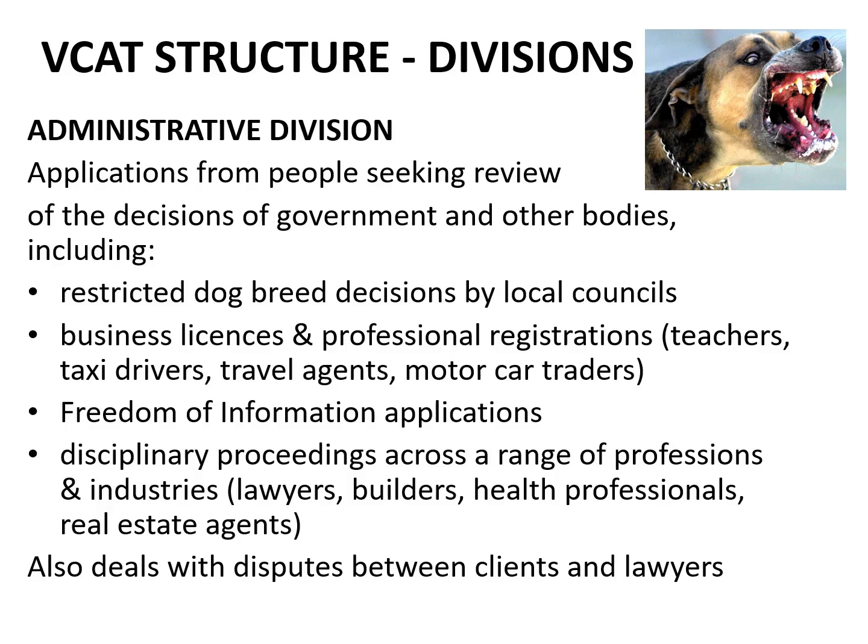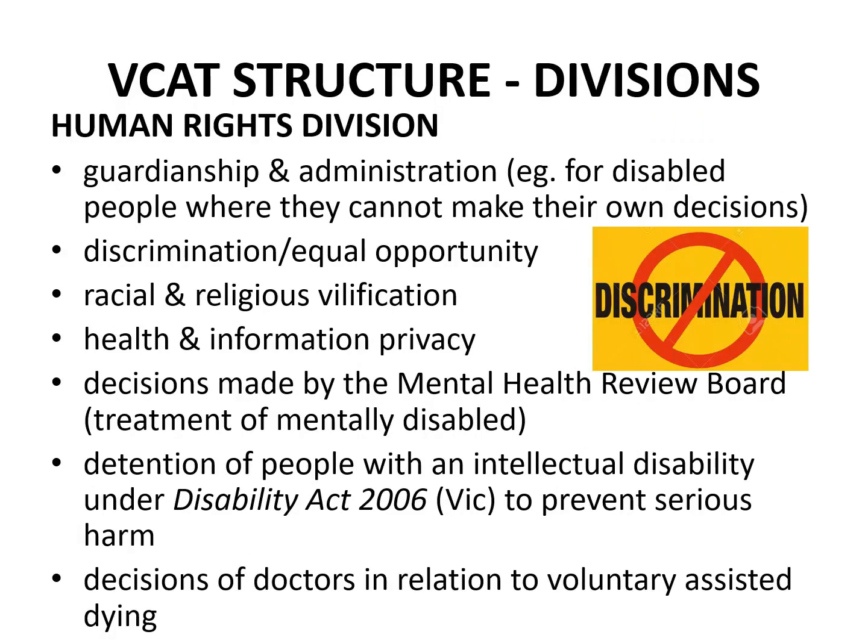In addition, this division deals with restricted dog breed decisions, as where a local council impounds or wants to put down a dog that it considers to be dangerous. Finally, the Administrative Division deals with appeals from disciplinary decisions. For instance, as where a medical board decides to ban a doctor or a nurse from practicing, perhaps because of some kind of misconduct.